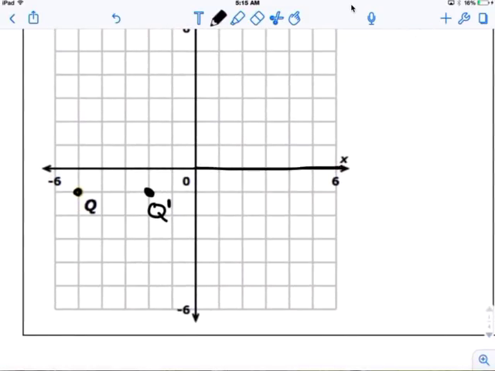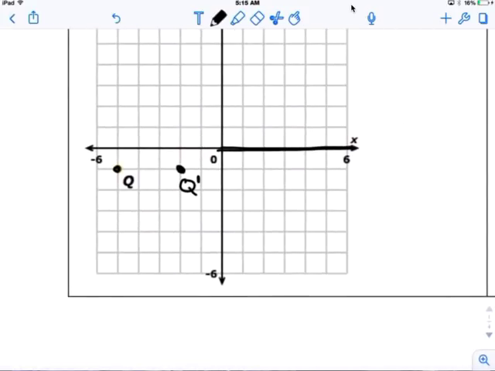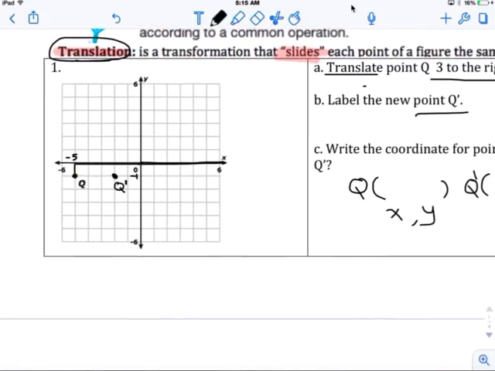This is 0 right there. You always start on the x-axis first. This is your x. This is your y. So you go across. That's -1, -2, -3, -4, -5. That's -5. And going down 1. This is -1. So it's (-5, -1) for Q.